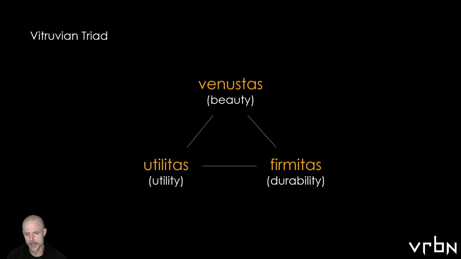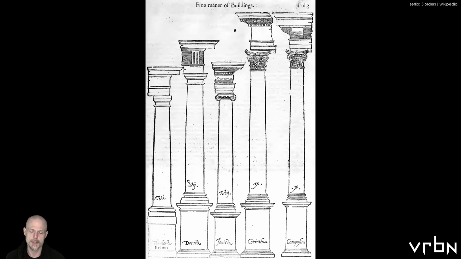And one of the most important aspects of all of those elements, or of the architectural discourse, are the 5 column types that he's describing. Here we see one of the pictures from the book. And so there are these 5 types of orders.